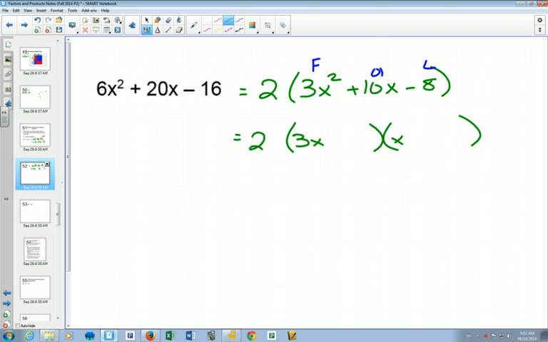Our last one is an 8, and we need the outside and inside to combine to get 10. What number did you try first? 2 and 4? So if we put 2 here and 4 here, can you see that my outside is 12? My inside is 2. Does 12 and 2 ever make 10? Yes. If we make our 12 positive and our 2 negative, then we will get positive 10. One more.